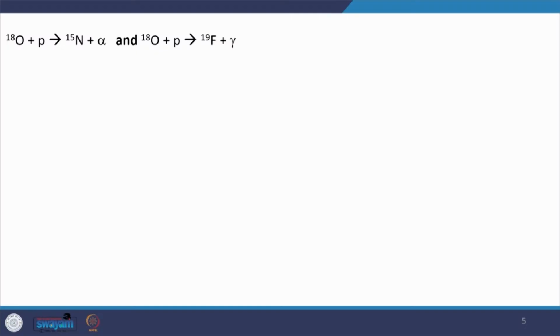Now, let us continue the discussion. Consider oxygen 18 reacting with the proton. It can emit either nitrogen 15 or fluorine 19. The ratio of these reaction rates as a function of temperature is quite interesting.